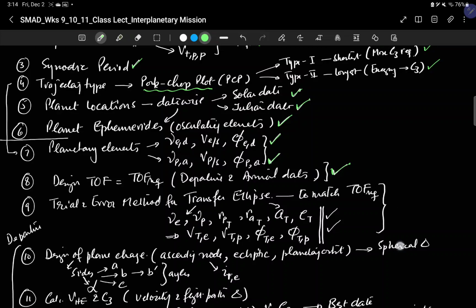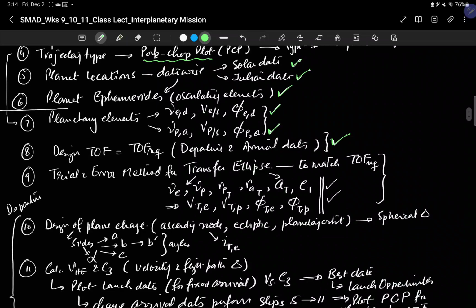The trial and error method was to fit the transfer ellipse such that it would meet the required TOF, the time of flight between departure from one planet and arrival at the other planet at the sphere of influences. So this calculation was done.